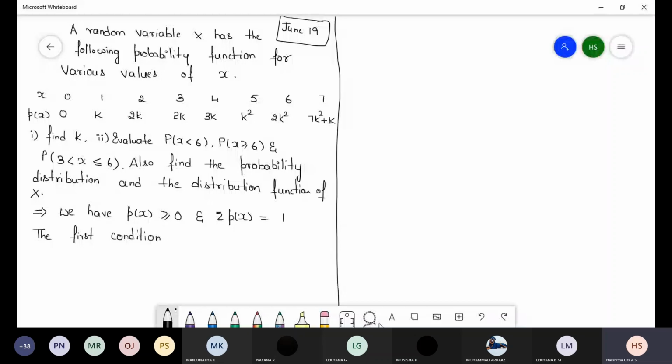We have to use the condition summation of p of x is equal to... ma'am, it's lagging. Yes, for all it is lagging.